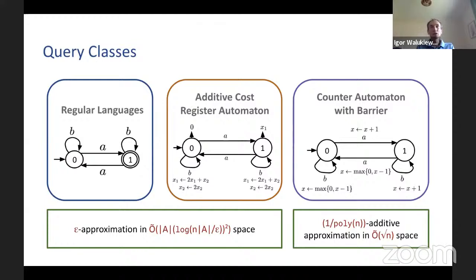Then I may have a question. So your space bound is square root of n. Well, it's kind of different from the classical approach where you have logarithmic space. Is it good enough? How do you justify this? So yeah, we were working on lower bounds, and we think that you might actually need root n space for this kind of setting.